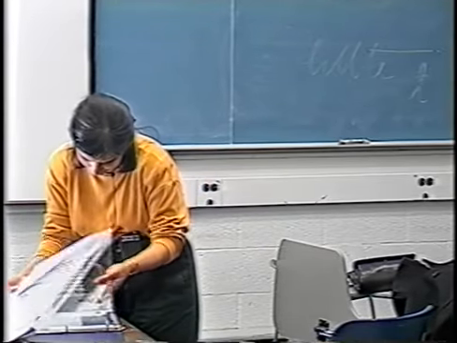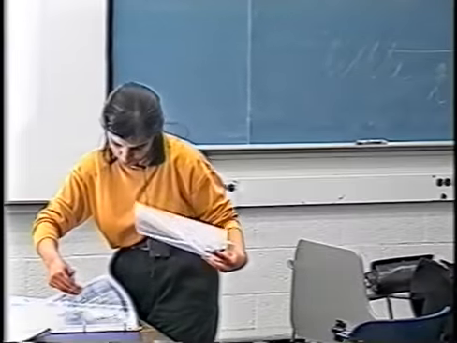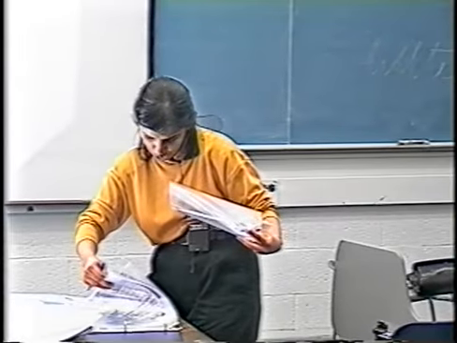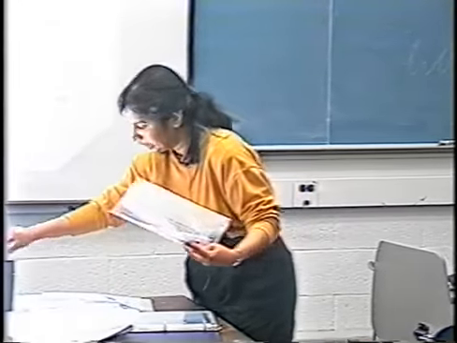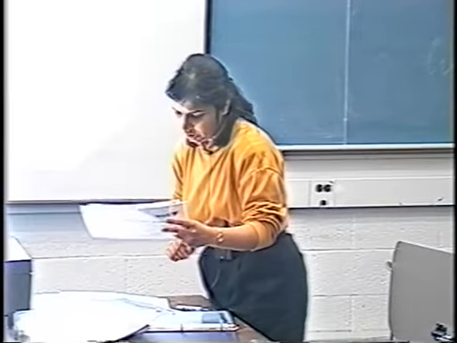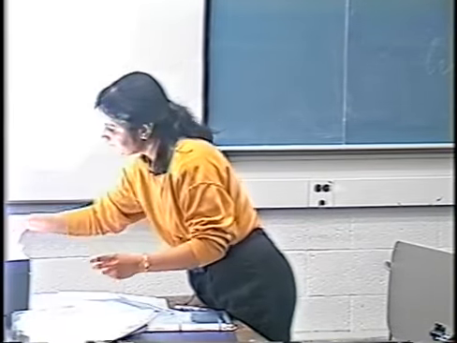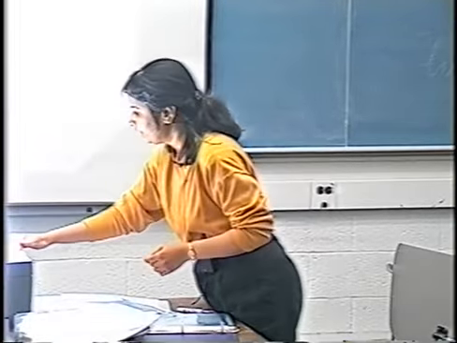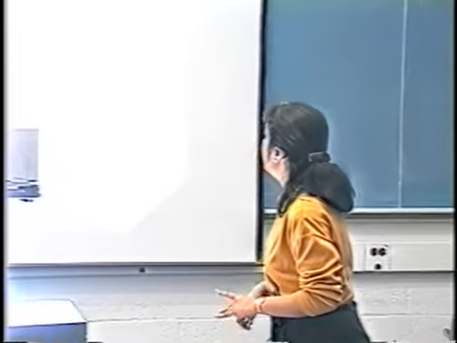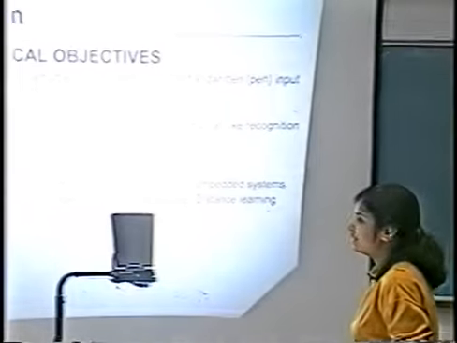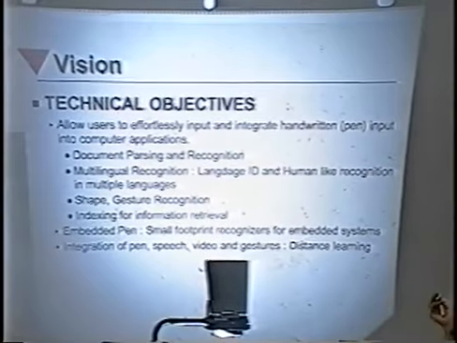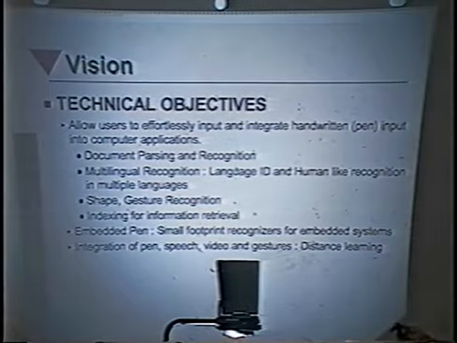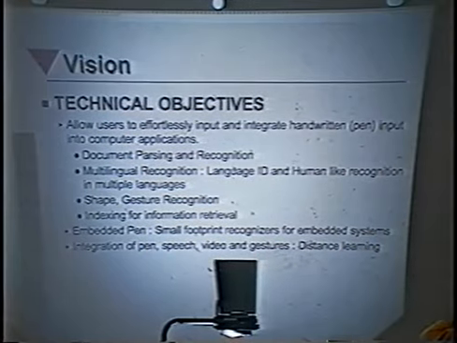I wanted to talk about just a couple of other things before I wind up. These are the vision of the group and where we're going right now. I'd like to think of the vision as allowing users to effortlessly input and integrate handwritten data into applications.